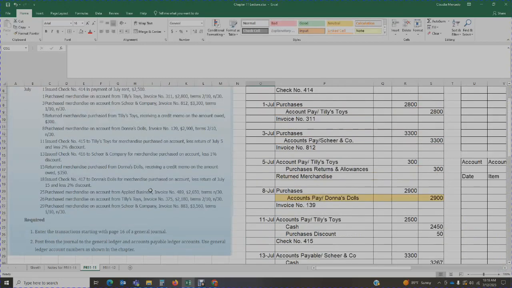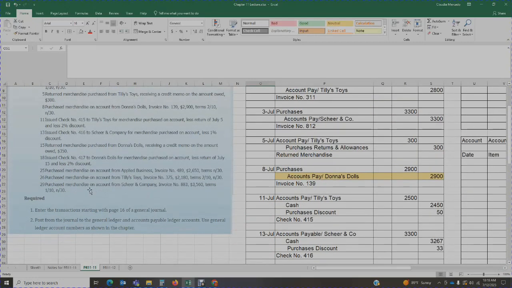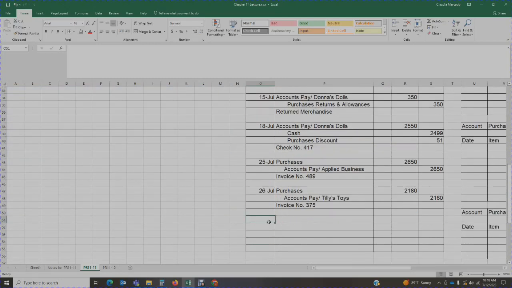Then last but not least, on the 29th, we purchased more merchandise on account, but not from Shearing Company. Invoice 883 for 3560, terms 1/10, net 30. So we made another purchase on account. When we make a purchase, we debit purchases for the amount of the purchase. In this case, it was 3560.